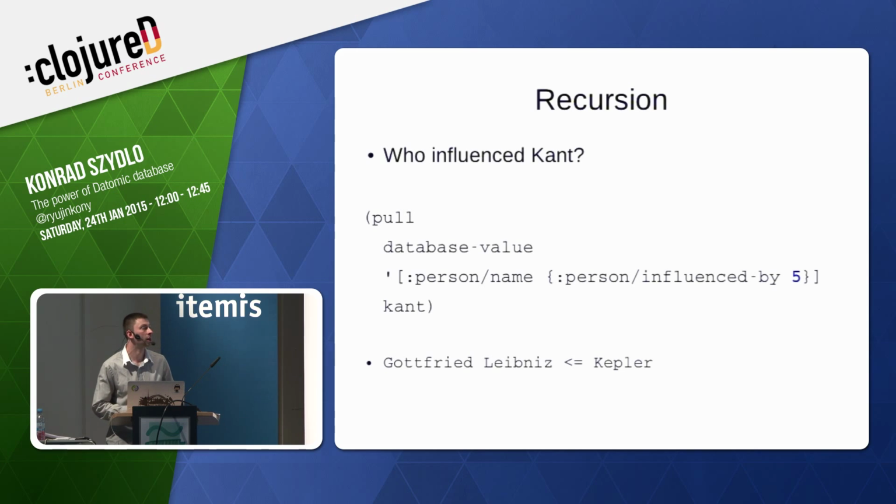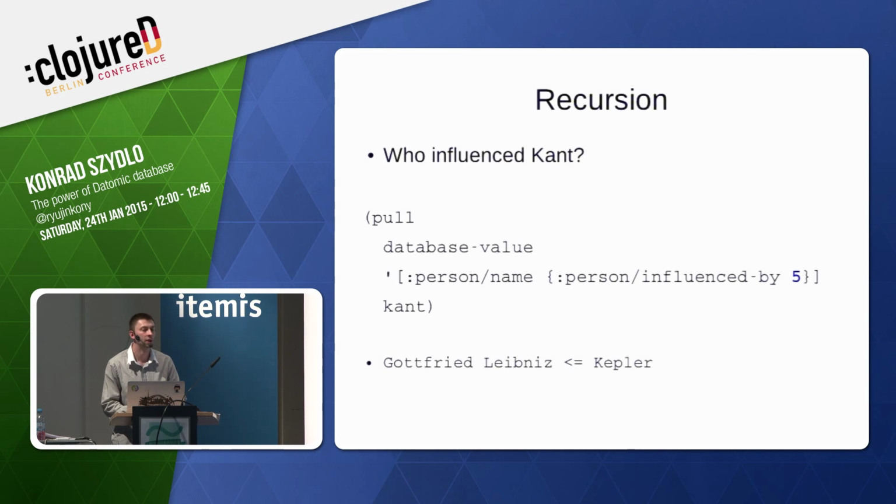If we wanted to find out who influenced Kant, all we have to do is specify the navigation, how to get. So here we are looking for person name, and our navigation is by attribute person influenced by, and we provide some value.